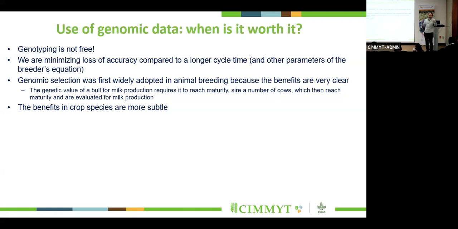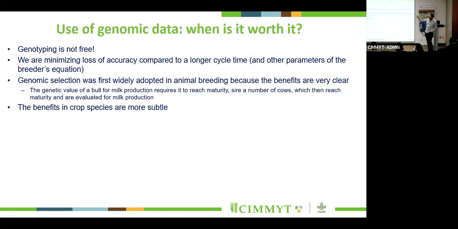You don't need to think very hard with the genotyping. Even in the early days when genotyping was more expensive, it's kind of obvious you're going to save loads of money doing that. It's a bit more subtle in crop species because we don't have some of those constraints. So we have to work around the margins rather than say, well, obviously this is the best thing to do.